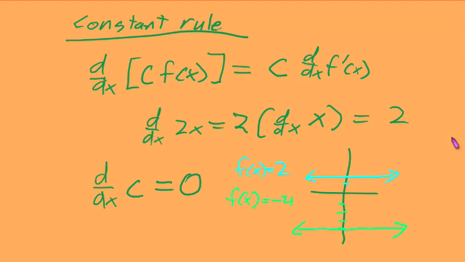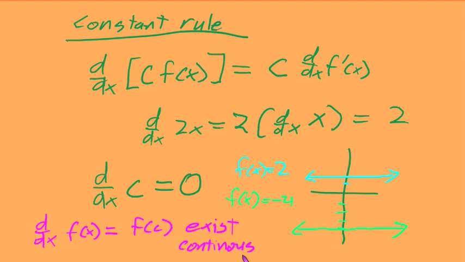Now, to review this lecture really quickly, in order to apply the derivative at x equals c, f of c must exist and be continuous. The derivative of f of x plus g of x equals the sum of the individual derivatives.